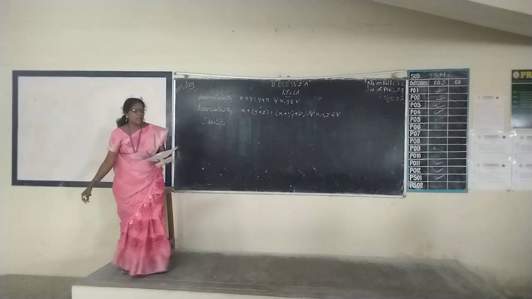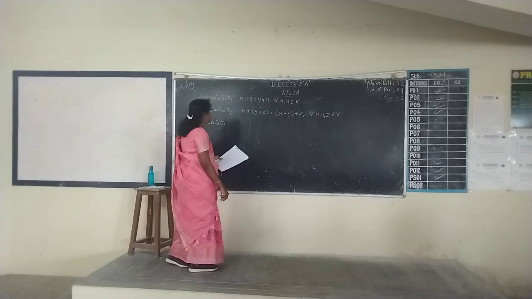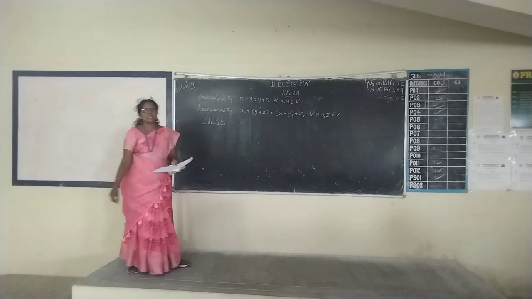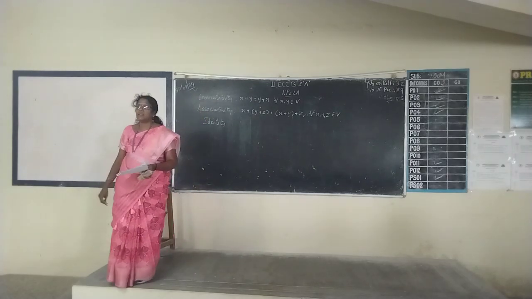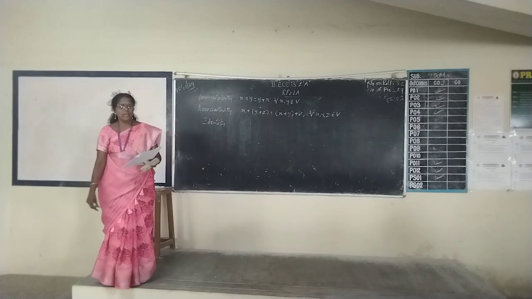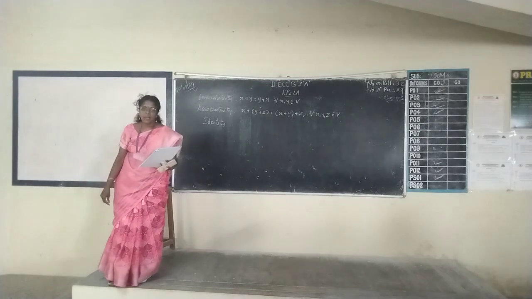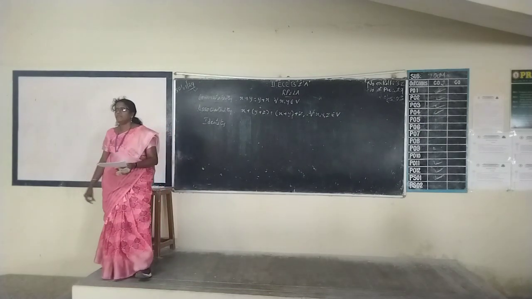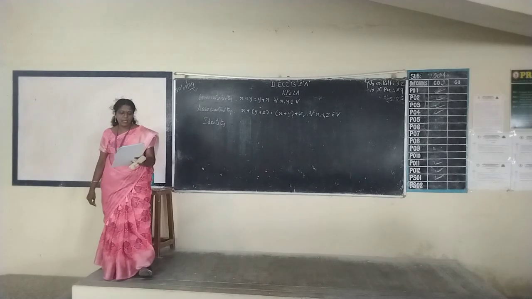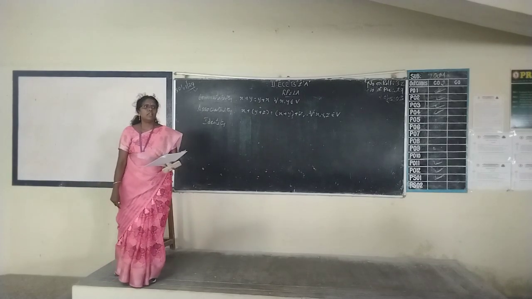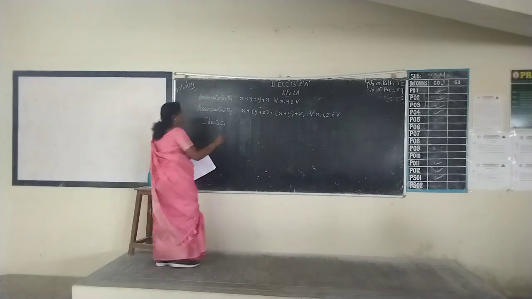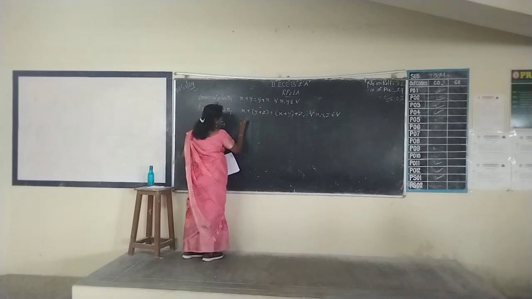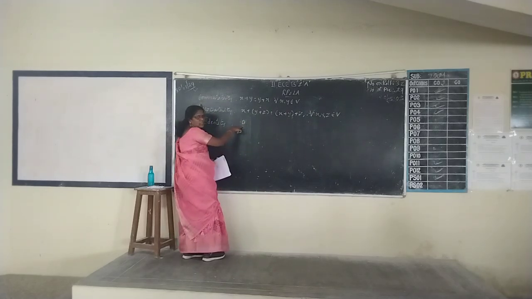So, identity: there exists an element in V denoted by 0, but it is not the actual 0. Use the symbol like this. It is called the zero vector.